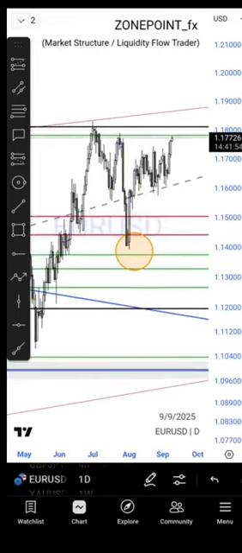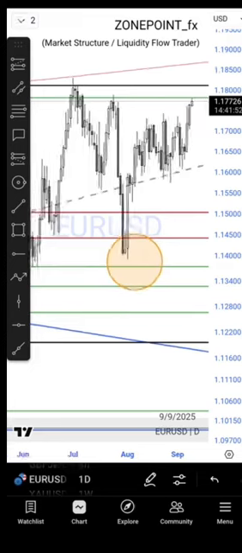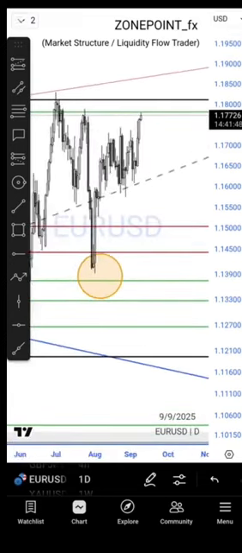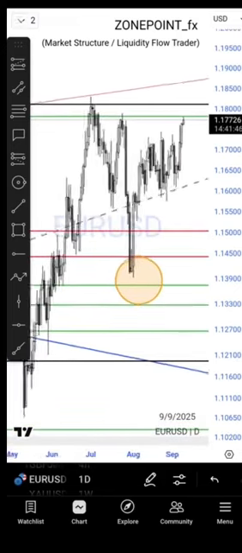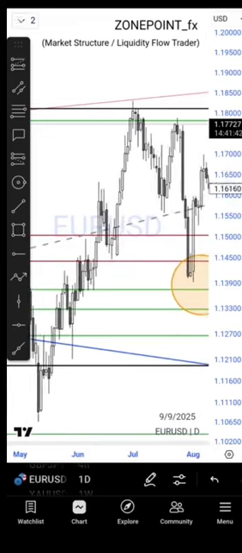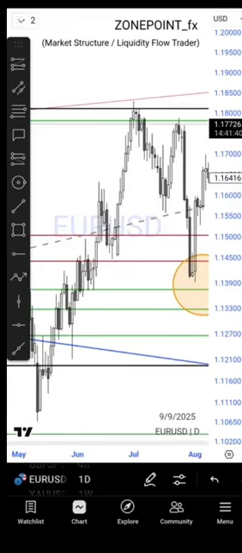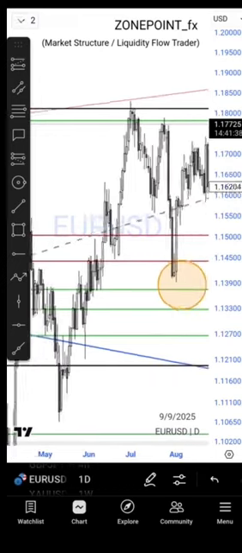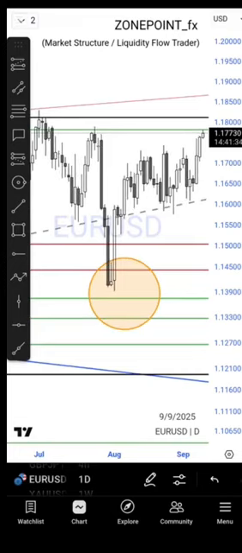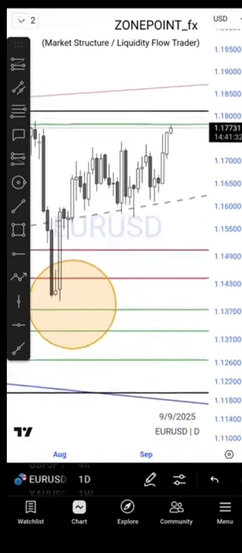Ask me why did I say price will be using there as a liquidity? Because initially price did not create an imbalance that it will fill. Price was just moving slowly somehow, and here now, after this short pullback, price now creates an imbalance.